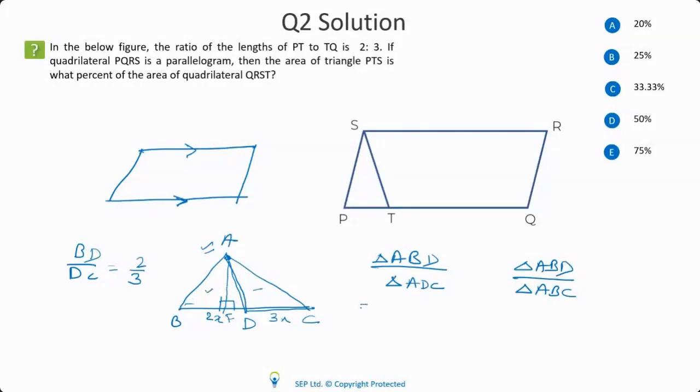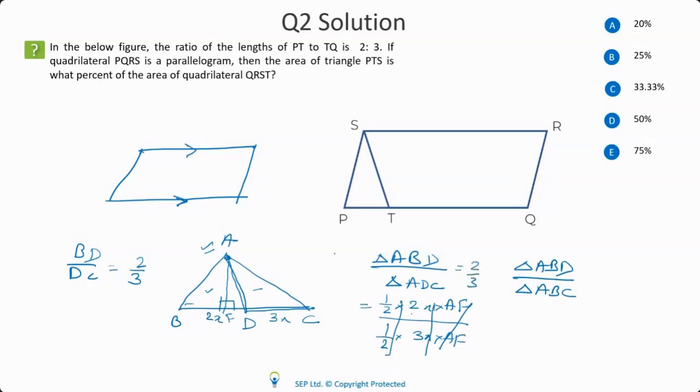So when you're finding the area of ABD, you write half, the base BD which is 2x, and the height AF. For ADC, you write half times 3x, and again the height from A is AF. So AF, the half, the x, everything cancels out and you're just left with 2 and 3. So the ratio that you get is 2 is to 3.